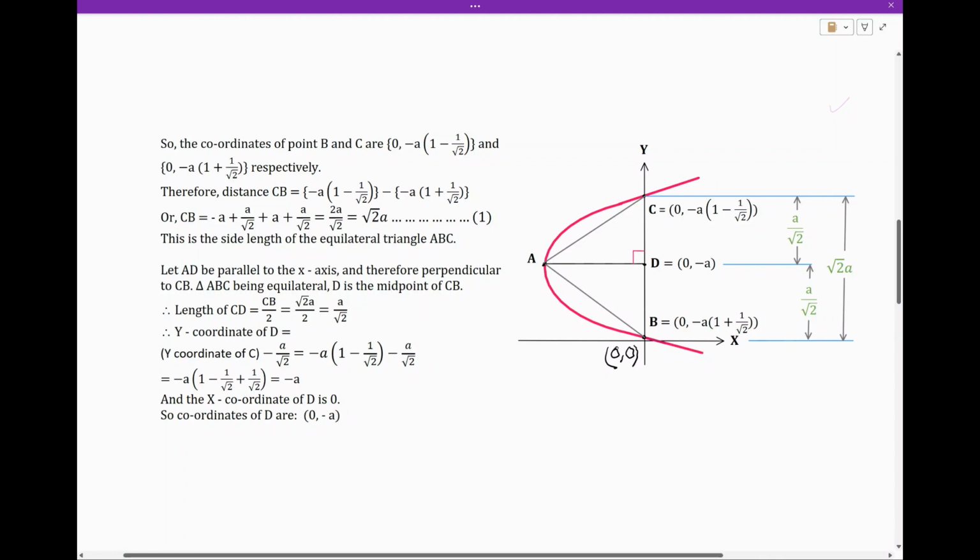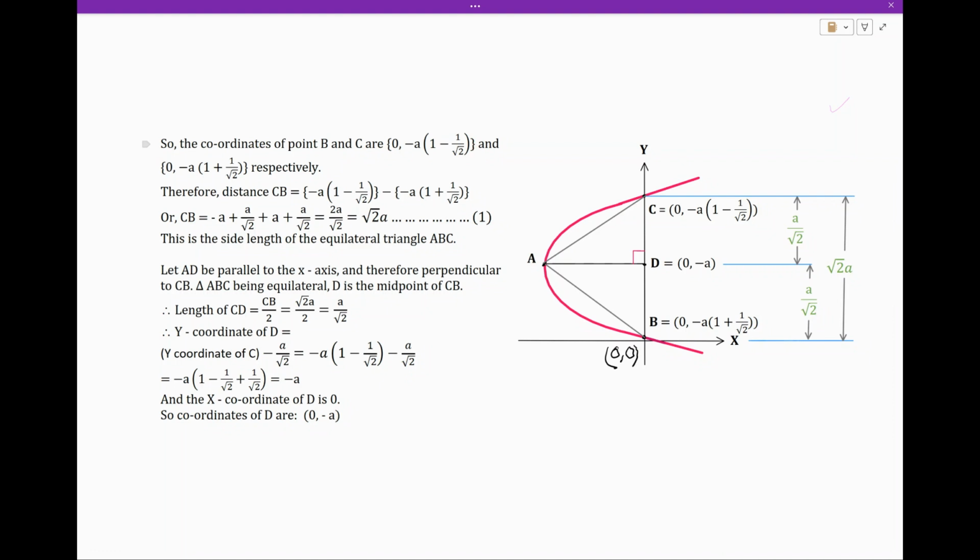So, the coordinates of point B and C: the x-coordinate is 0 for both of them. So, one coordinate is 0 and minus a multiplied by (1 minus 1 by square root of 2), which we just now found out.